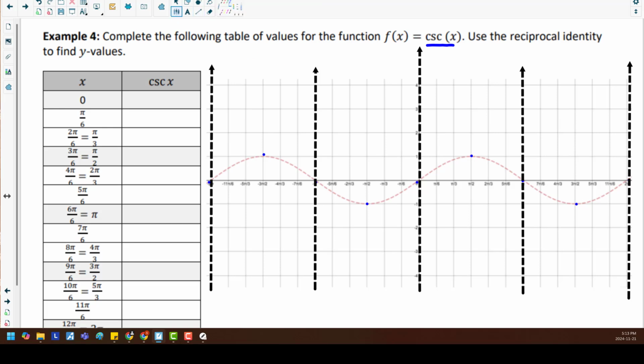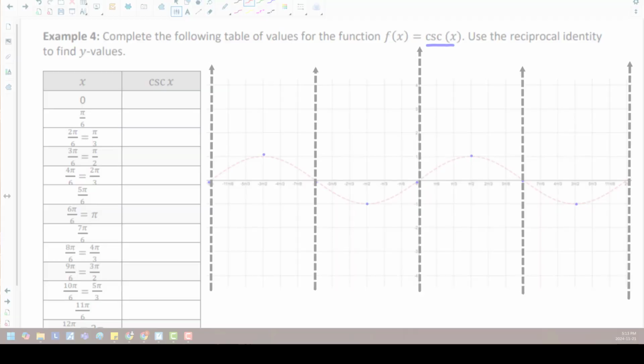What else do we know? Well, I guess we should plug in these values here, right? And if you're not sure, the way to do that is to make your sine x function, which, you know what, I'll grab right now since we have it here.